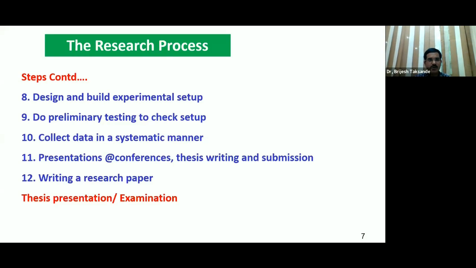So first, in the next stage, I will be doing preliminary testing to check the settings available at the laboratory, whether your equipment, whether your instruments are working or not, whether you need anything extra, whether you need chemicals, whether you need animals. So everything, you need to have the preliminary checkup for these experimental setups.